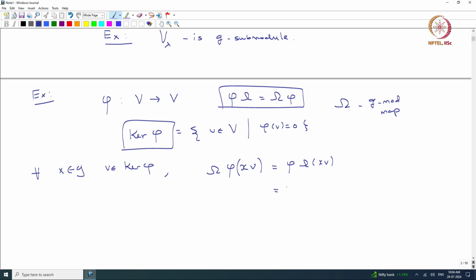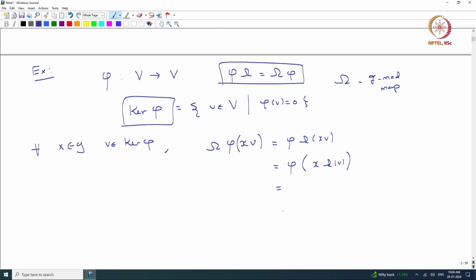Now using that the action of G commutes with omega, or omega is a G module map, you can see that this is exactly phi of x omega of v. Now if we assume this x commutes with this phi, then you can commute this to x phi omega of v.